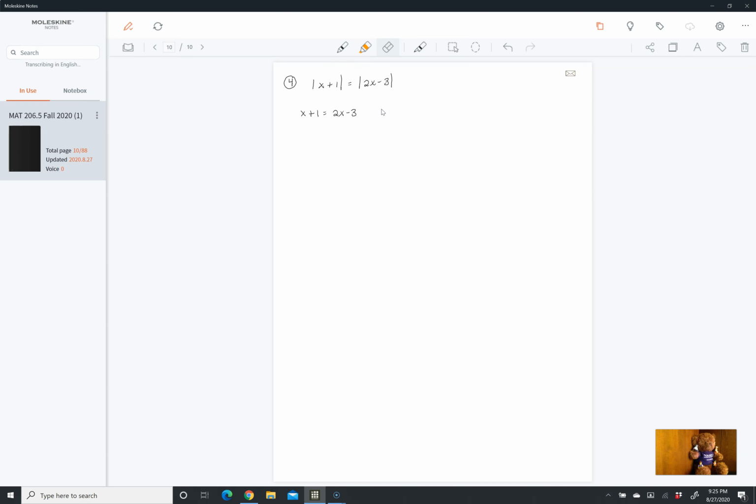Or x plus 1 is equal to negative 2x minus 3. Okay. And if we solve these equations through, here you get x equals 4. So you should try and solve these yourselves.